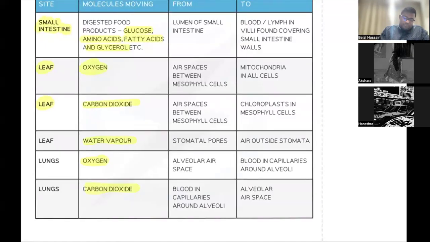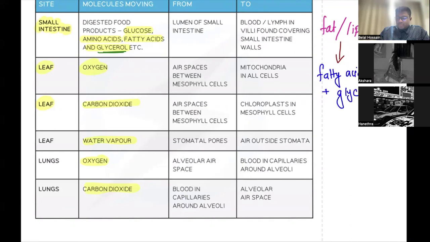Glycerol. Basically, any fat molecule or lipid molecule, if we break it down, we get fatty acids, along with it, we get glycerol. Since our body breaks down fat in the digestion process, the fatty acid and glycerol need to be absorbed.